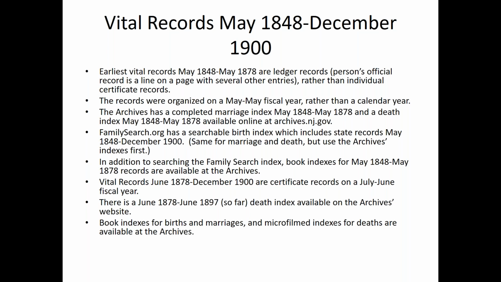There is a June of 1878 to June of 1897 death index in progress, which is available on the archives website. So again, if you have a death event that occurred between June of 1878 to June of 1897, use the index on the archives website first, because you can order the records straight from there.